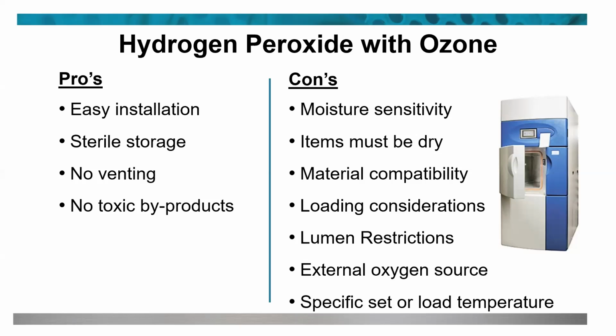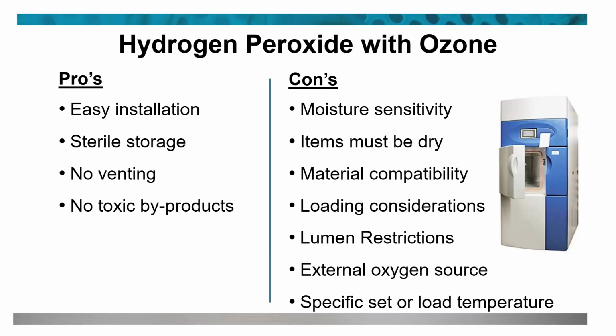And again, easy to install. Electricity and oxygen must be supplied to the sterilizer. There is no special ventilation, or anything that we need to do for disposal of the byproducts, because again, it's breaking it down into hydrogen and water.